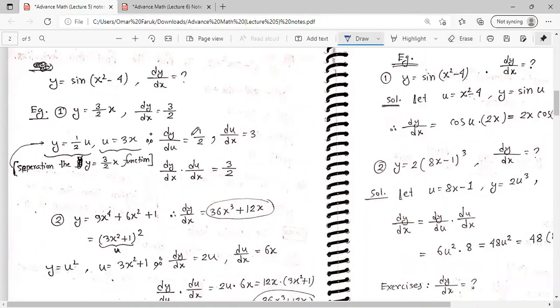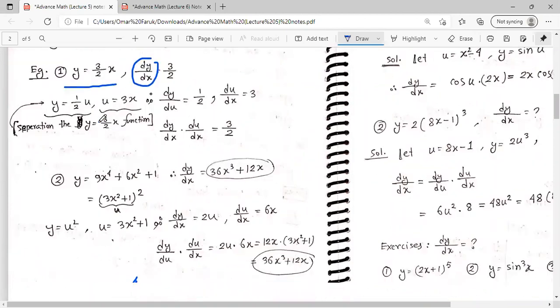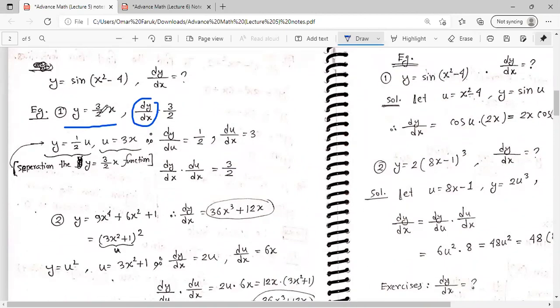So now we have y is equal to 3 by 2x. So we have to calculate dy by dx. Here we just take 1 by 2 out.